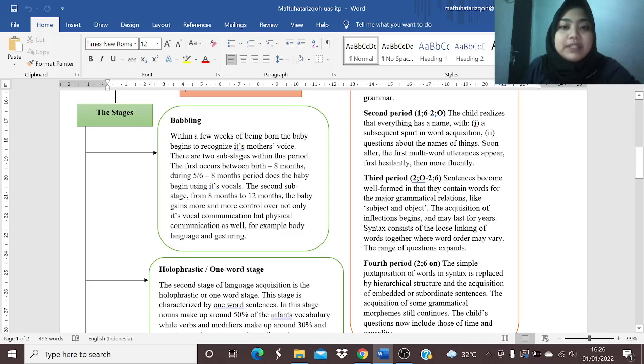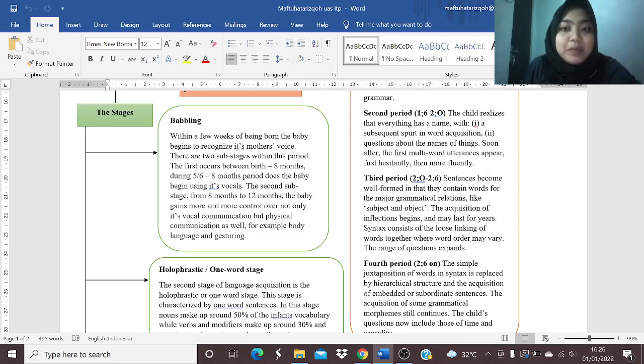Most of this stage involves the baby observing its surroundings, and only during the 5 or 6 to 8 months period does the baby begin using its vocals. During these months, the baby hears sounds around them and tries to reproduce them, albeit with limited success. The baby's attempts at creating and experimenting with sounds is what we call babbling.